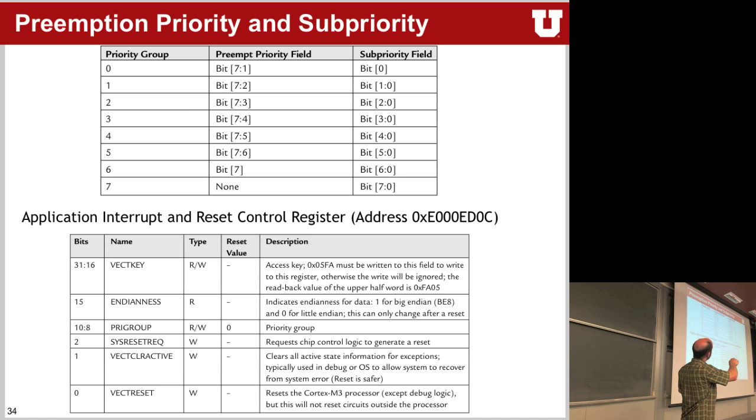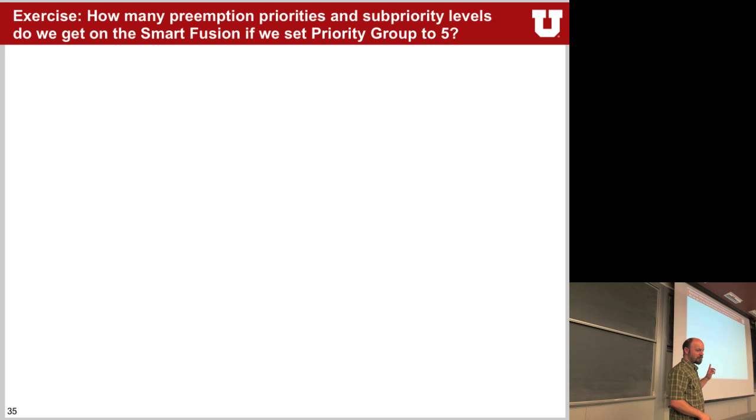Priority group 1 means that preemption priority is bit 7 to 2, and bit 1 to 0 is the sub-priority field. All of this is stored in this address here. So in here you have the priority group bits. You write into these bits at this address, and that will set your priority grouping for all the different interrupts. Okay? Now comes the important exercise.